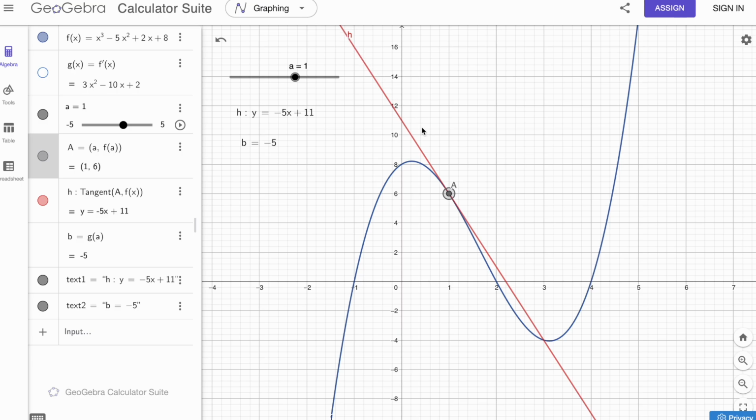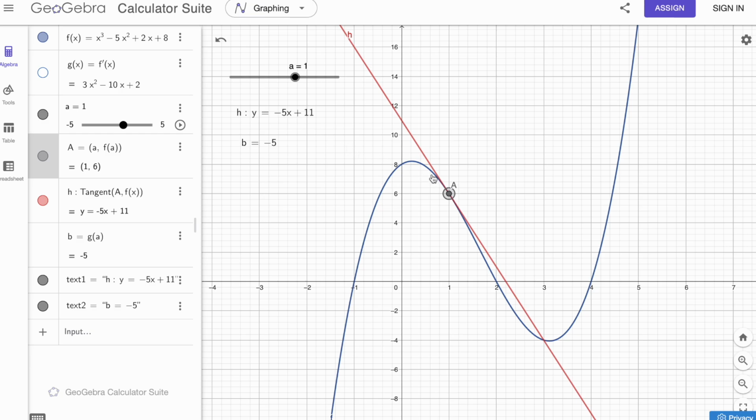It's a negative slope, which also means that at this point here, where x is equal to 1, we can see it. The instantaneous rate of change of this polynomial function is -5, which is the same as the slope of the tangent.